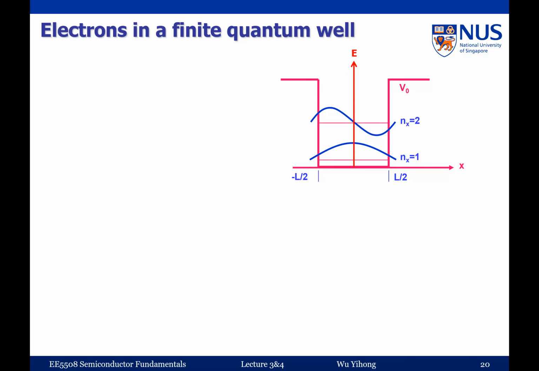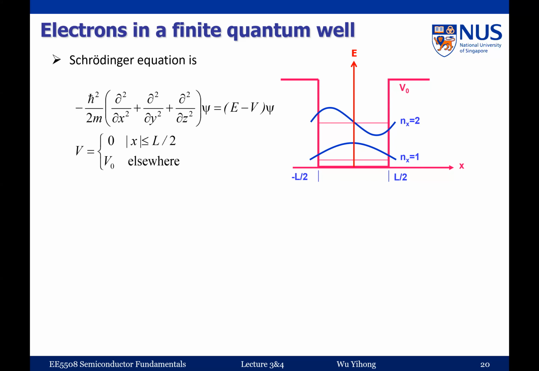If you have a finite well, then what happens is quite complicated. If you have a finite quantum well, then you can see that this V naught will not be infinitely large. It's just a finite number. So in this case, this will be the potential function.